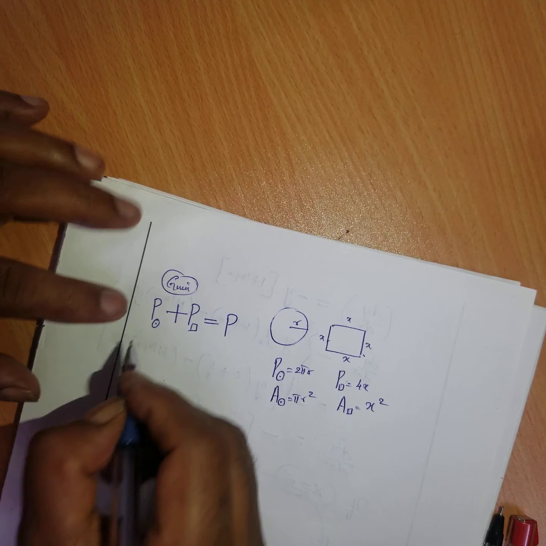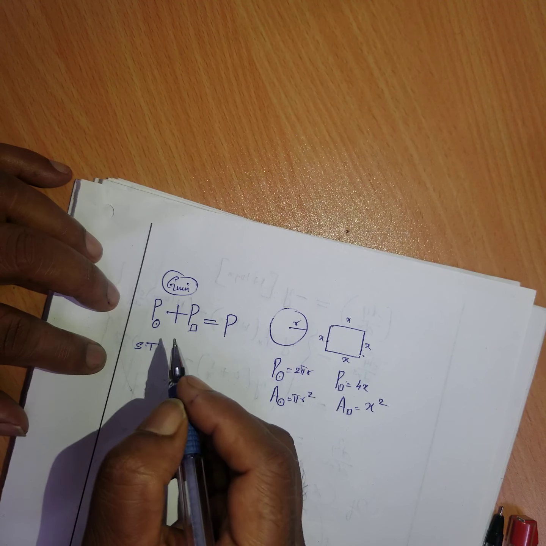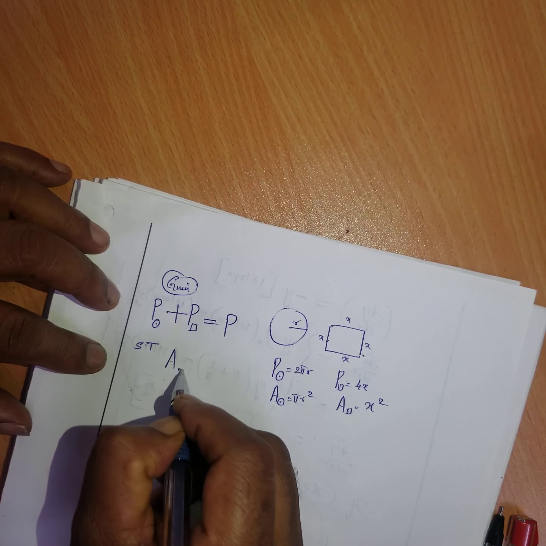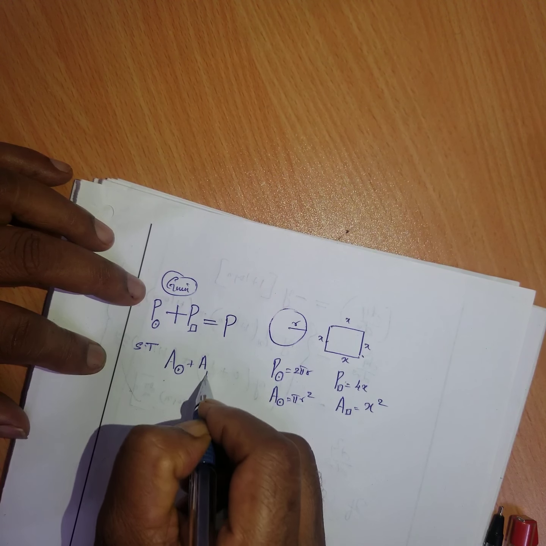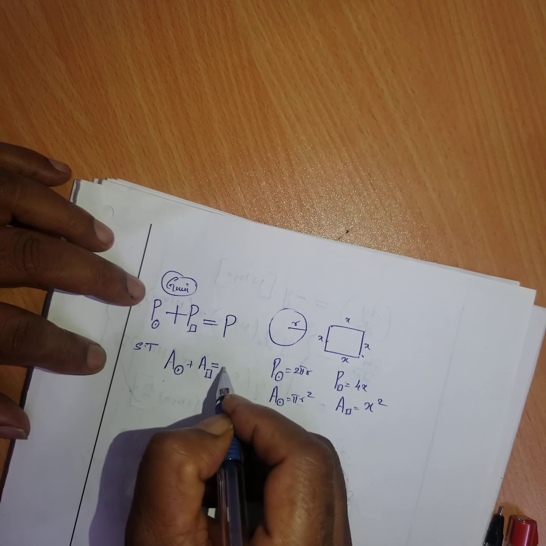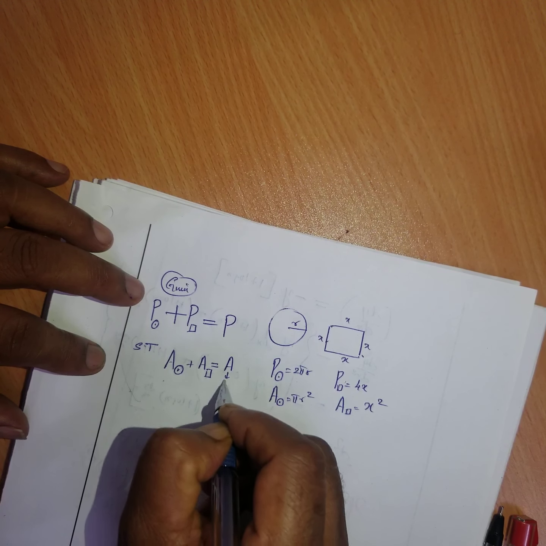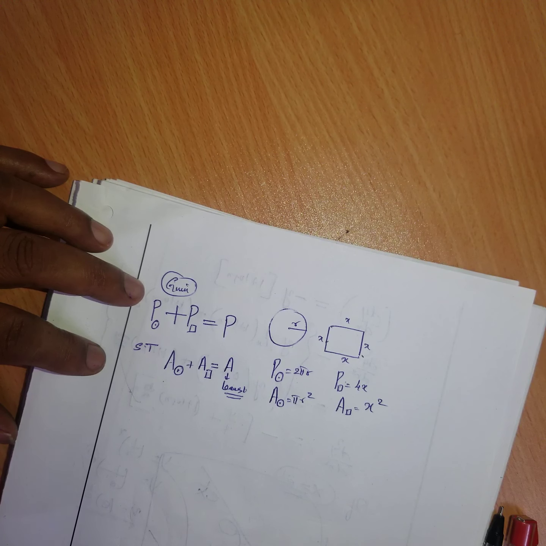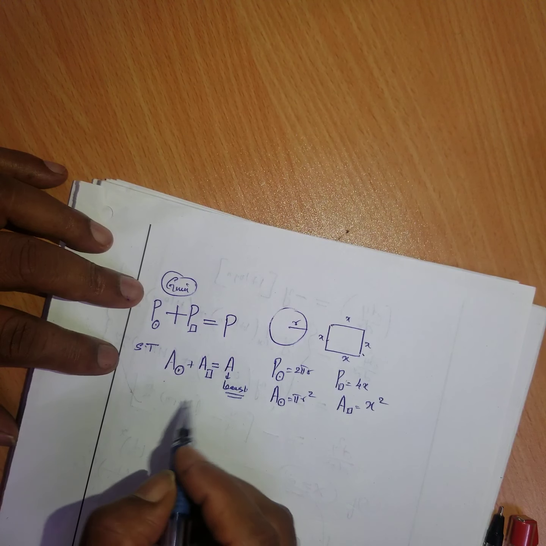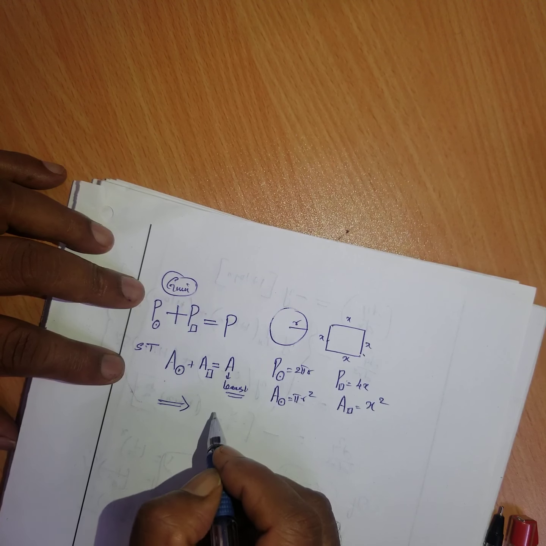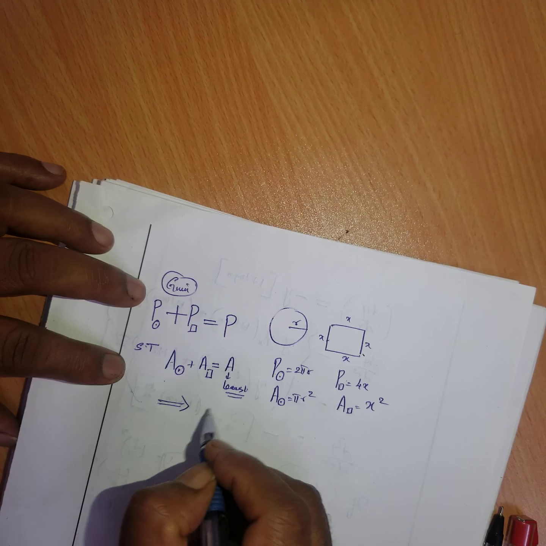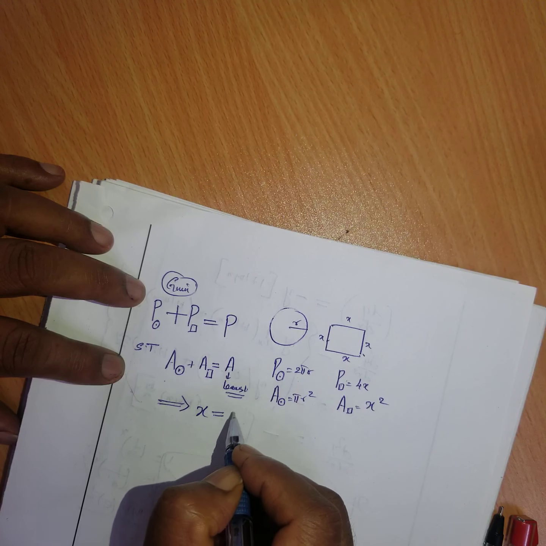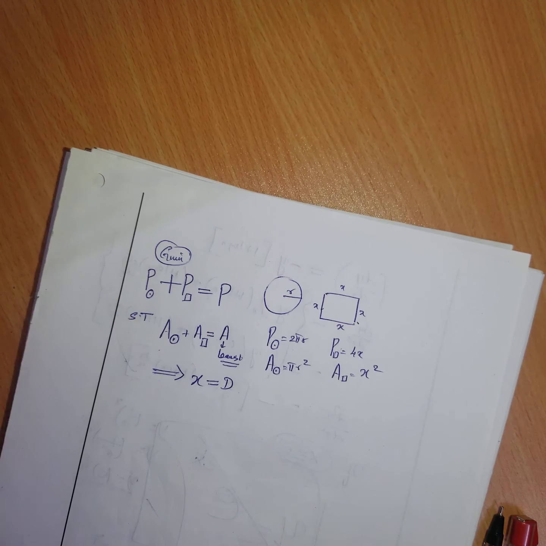Show that when the sum of the areas, the area of the circle plus the area of the square, is least, that implies the side of the square is equal to the diameter of the circle.